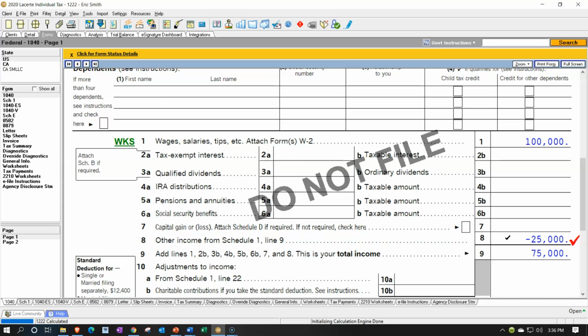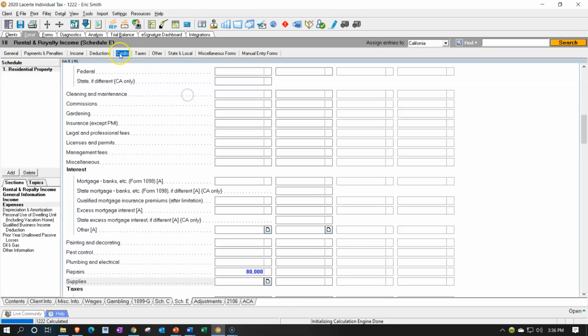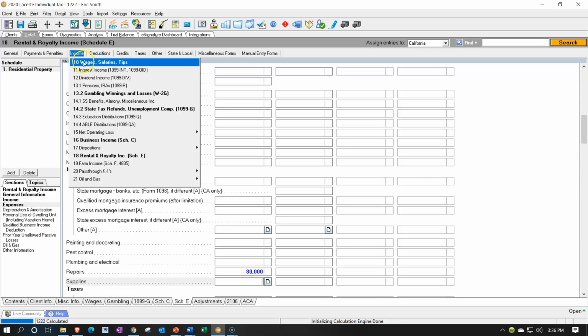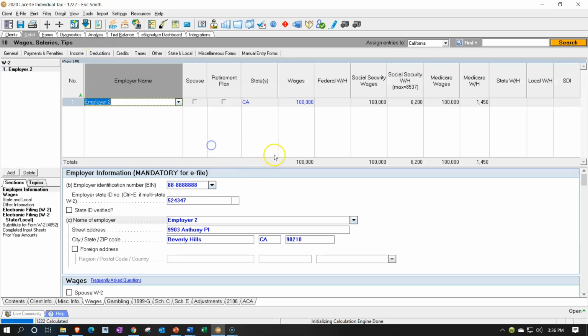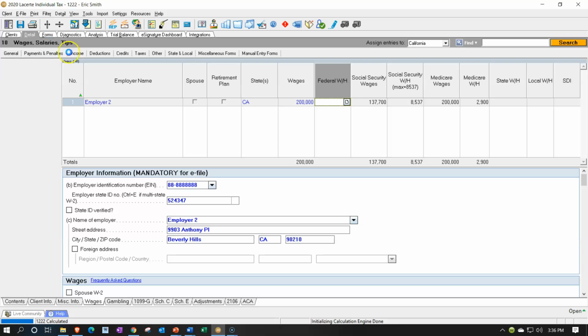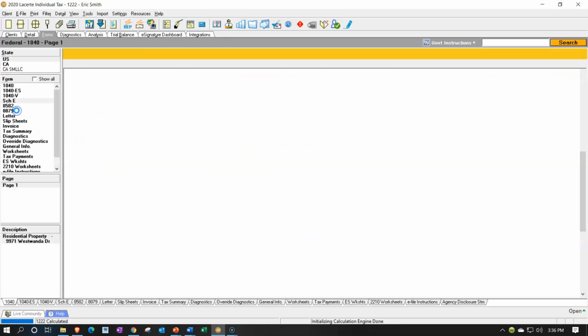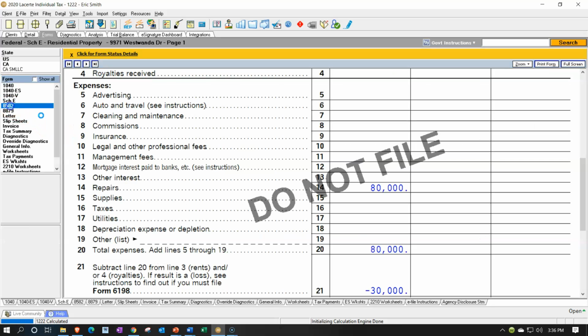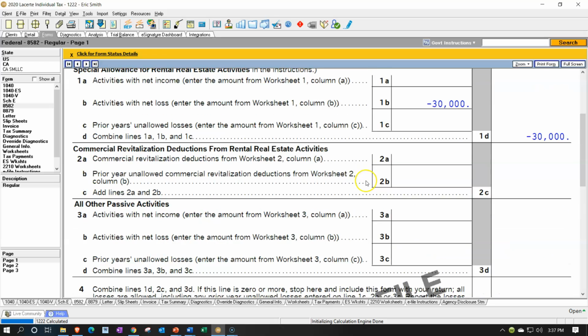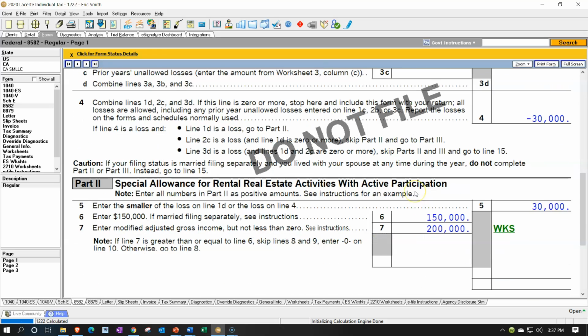So now let's consider what would happen if our income goes up. So we've got these income limitations. What if we go to the W-2 income and say, well, let's say we had 200,000 of other income, and then I go back on over to our forms, and now we don't get the loss anymore, right? We don't get the loss because it basically phased out to nothing. So if I go then to the Form 8582, we got the 30,000 loss.